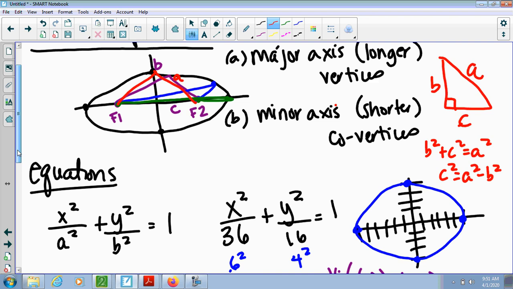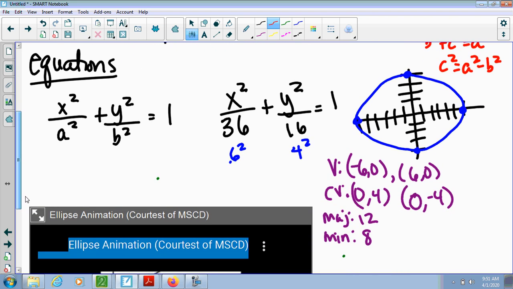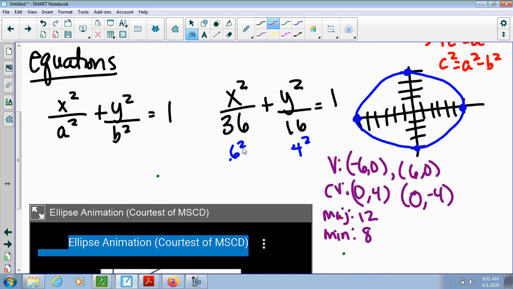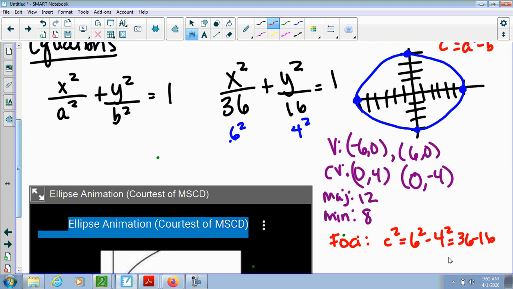So we'll do that over here. Our A value was 6, B value was 4, and we're trying to find the C. So to find our foci, C squared is 6 squared minus 4 squared, 36 minus 16, and that is 20.